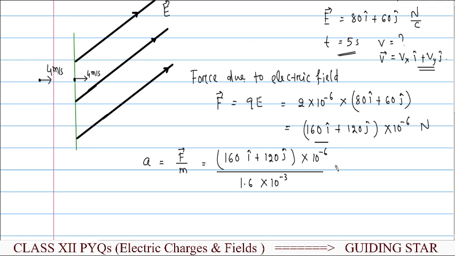So 160 divided by 1.6 will be 100. 10 to the power minus 3 goes up, so it will be 100 i cap plus approximately 75 j cap whole into 10 to the power minus 3 meter per second square. This will be the acceleration of the charged particle.